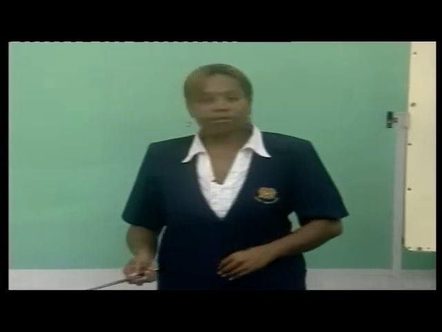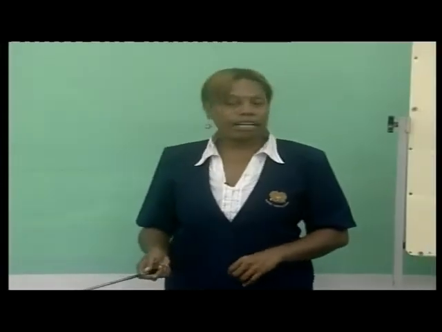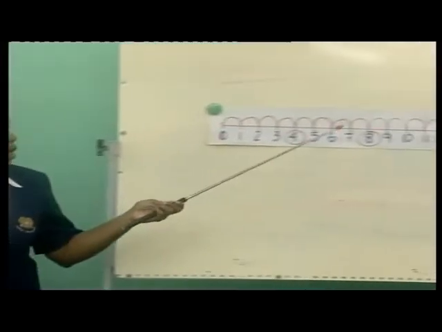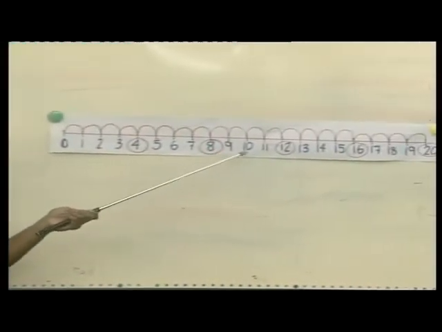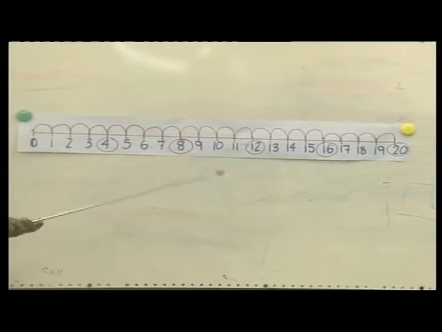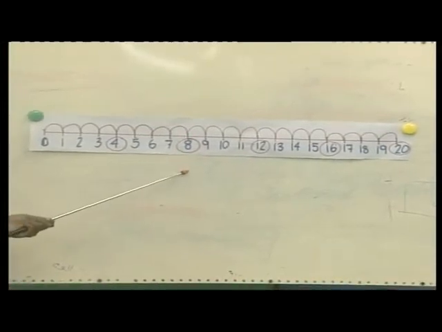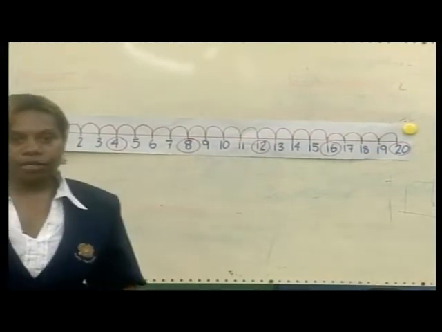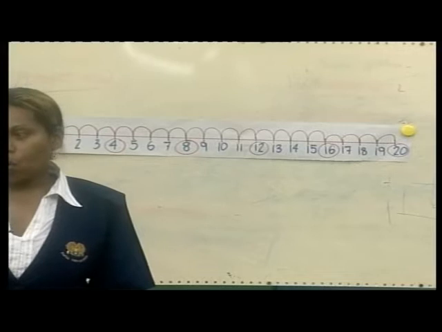Okay, so the product of a given number and any whole number. So 4 times 1 is 4, 4 times 2 is 8, 4 times 3 is 12. These numbers are called, what are they called, class? Multiples. They are called multiples of 4.